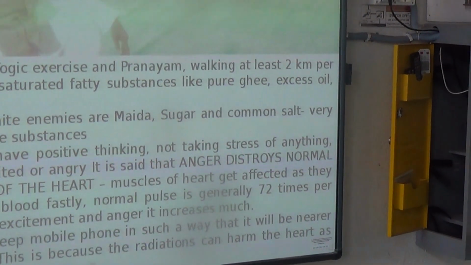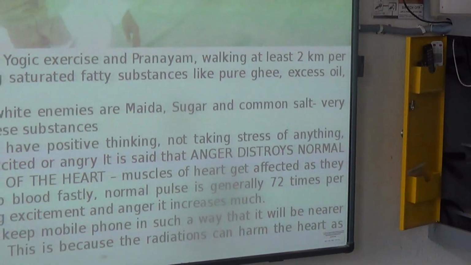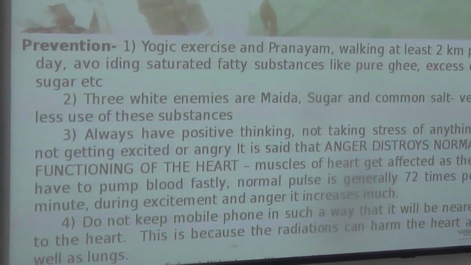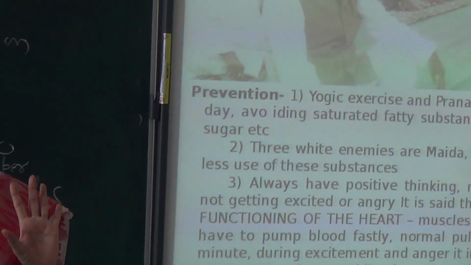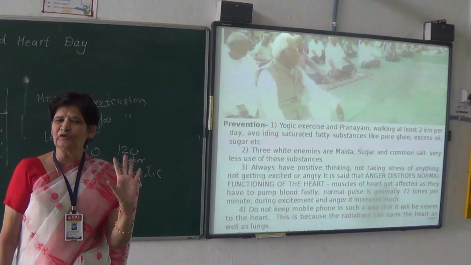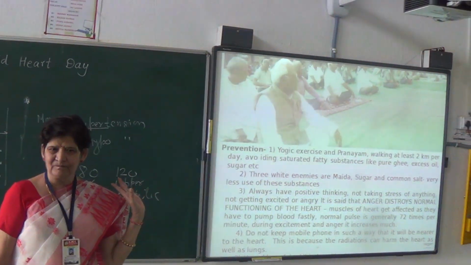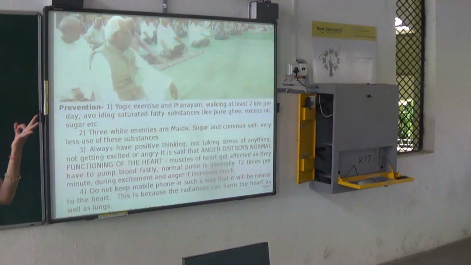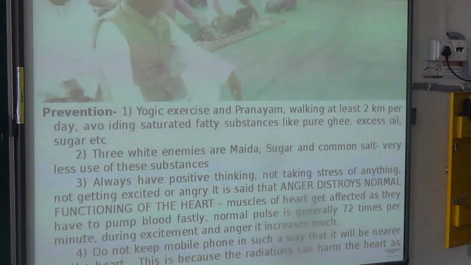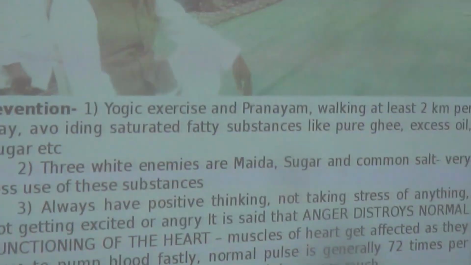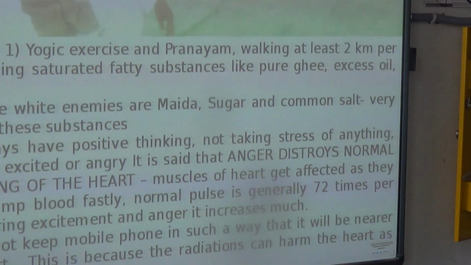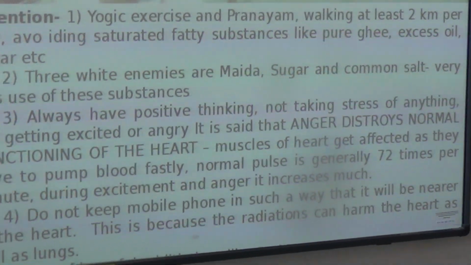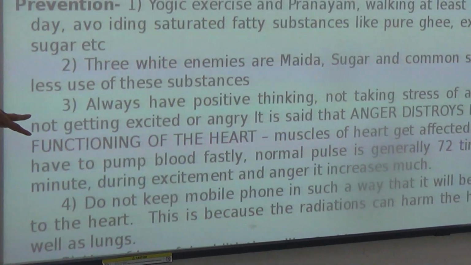What are saturated fats? Pure ghee, refined oil, that is also saturated fat. Generally we all are using refined oil, but that is not good for the health of the heart. These are called saturated fats. And the 3 white enemies I have already told you about: sugar, salt, and maida.